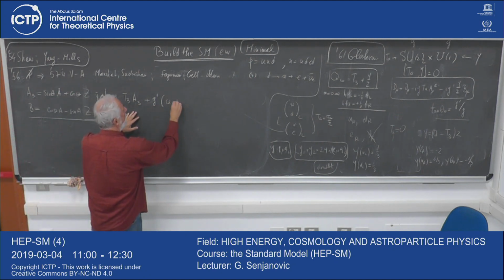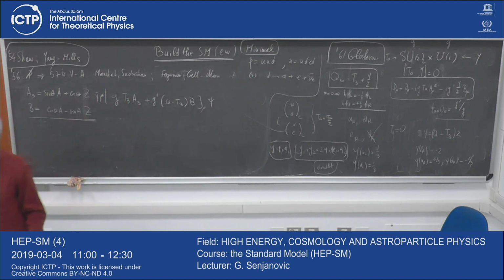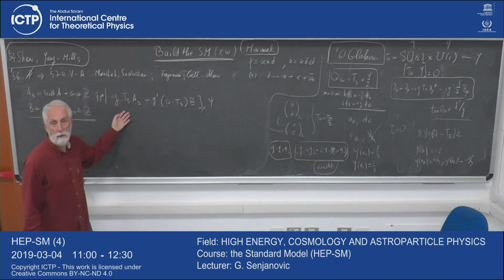And Y over 2 I'm going to call Q minus T3, times B. Agree?